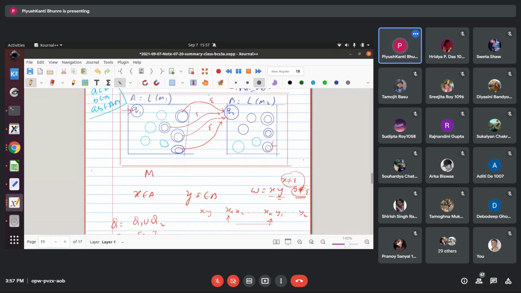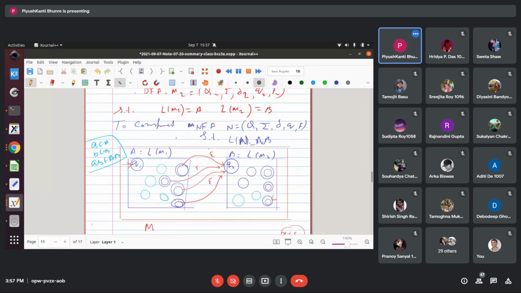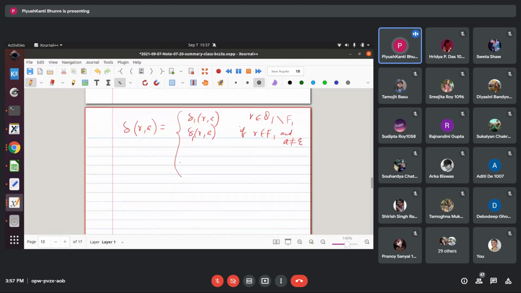That means there may be some epsilon moves from here, right? If M1 and M2 are NFAs, then there may be epsilon moves from the final state of the machine M1. We want to make sure that epsilon moves are only possible from the final state of M1 to the initial state of M2.